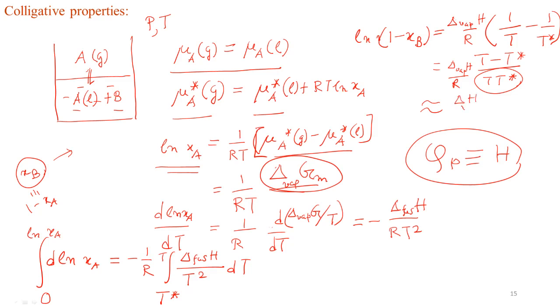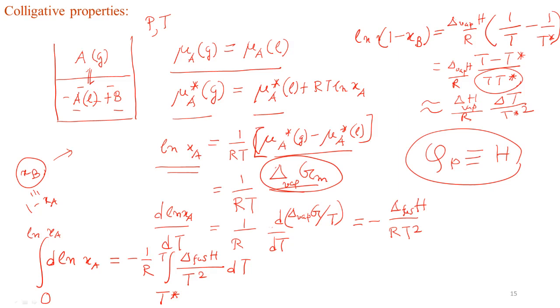So we can write it as delta vaporization H divided by R into delta T, which is the elevation in the boiling point, divided by T star squared.